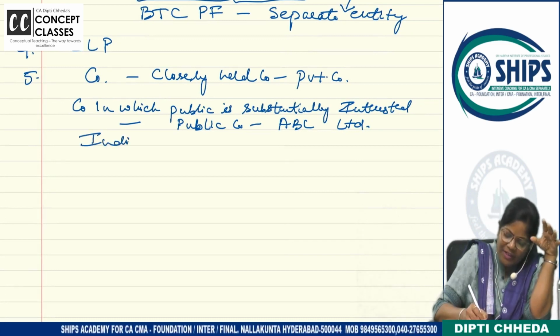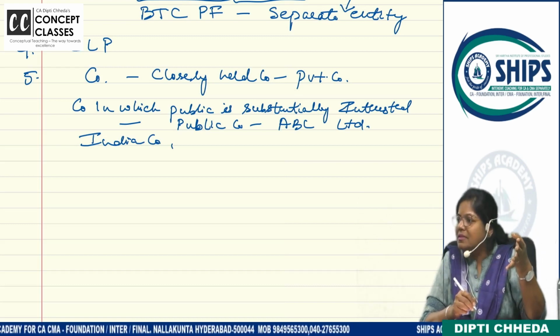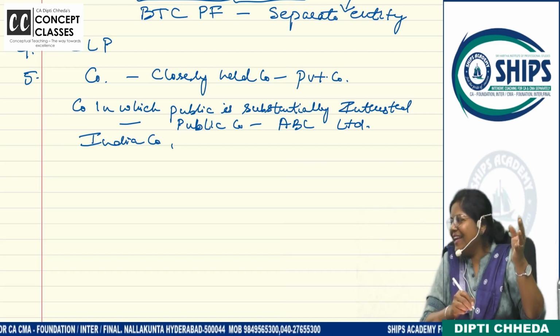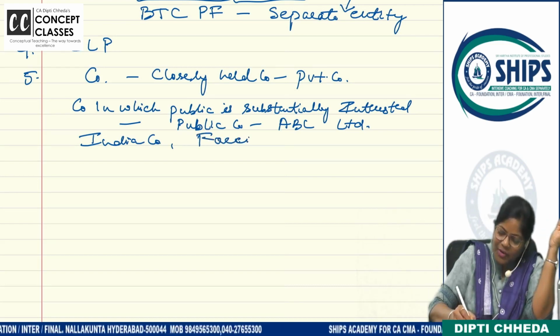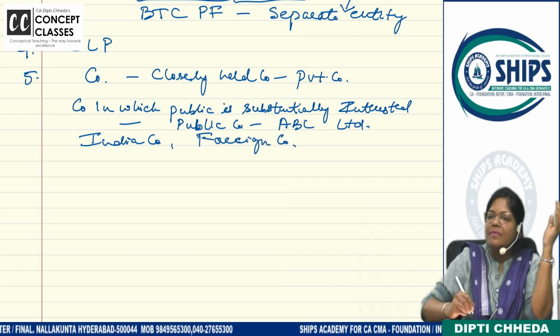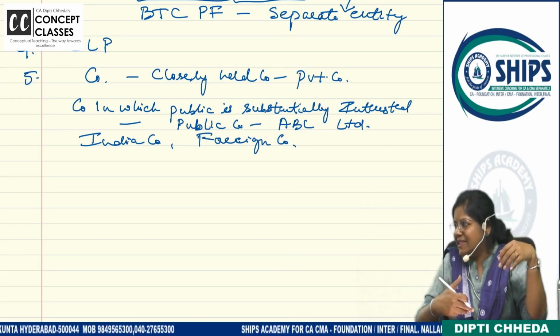Now, if I start giving a list, it will become huge. Indian company, which is registered under the Companies Act 2013 in India. Then foreign company. What is a foreign company? One which is registered outside India, but doing business here.